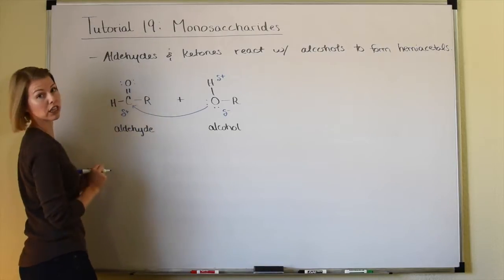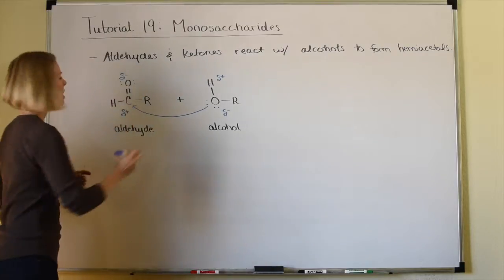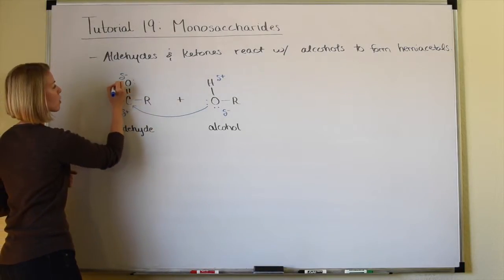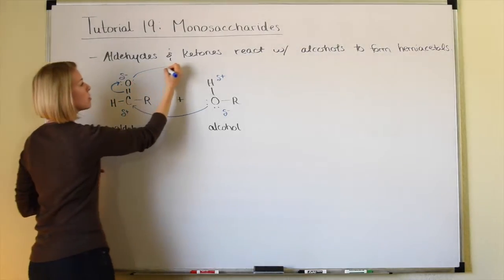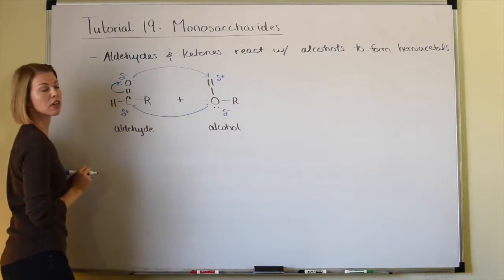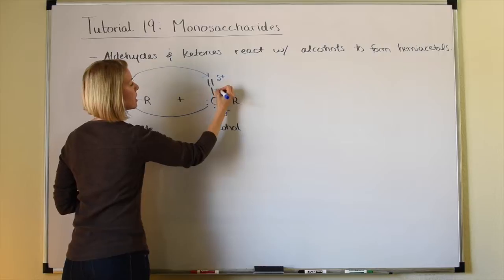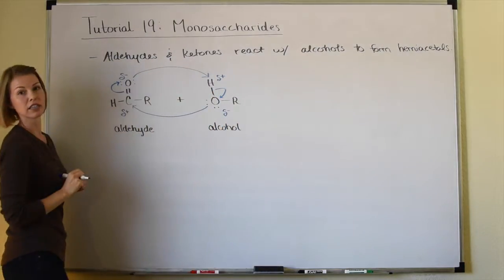Remember, oxygen is more electronegative, so it's going to be partial negative here. Okay. Then show the double bond of the carbonyl breaking. Show your partial negative oxygen of the carbonyl being attracted to the hydrogen, which is partial positive, and show the hydrogen giving up this bond to form its new bond to that oxygen.